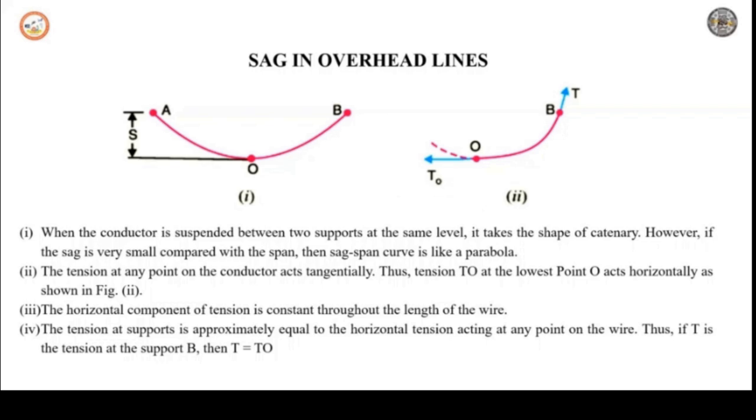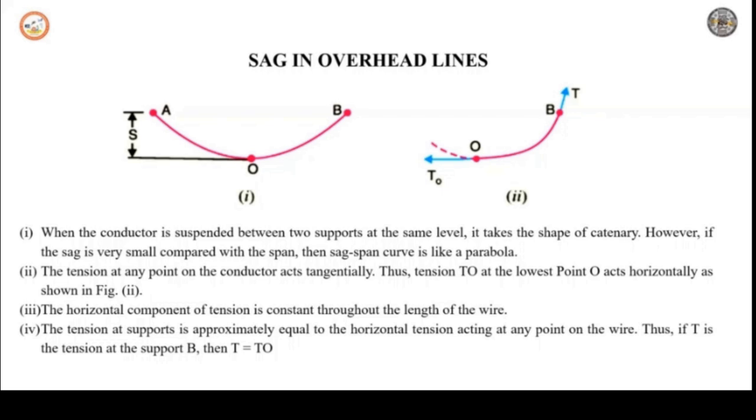Please note the tension here in the second diagram. At point O on the conductor, the tension T0 acts tangentially. This tension has two components, one acting horizontally while the other acts vertically. The tangent direction at point O is horizontal. Thus, the tension at point O acts horizontally.